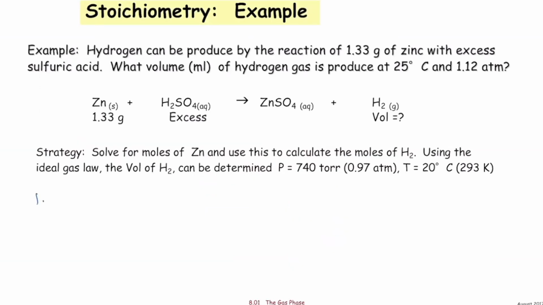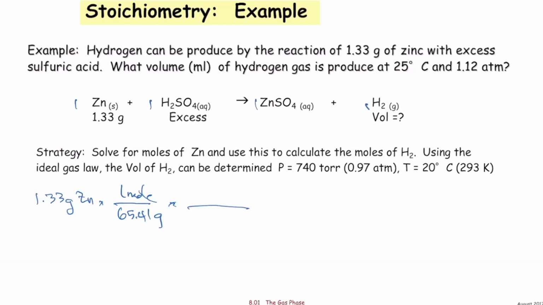Take 1.33 grams of zinc. You know that the atomic weight of zinc is, I believe, 65.41. Then, according to the balanced equation, let's make sure this is balanced.